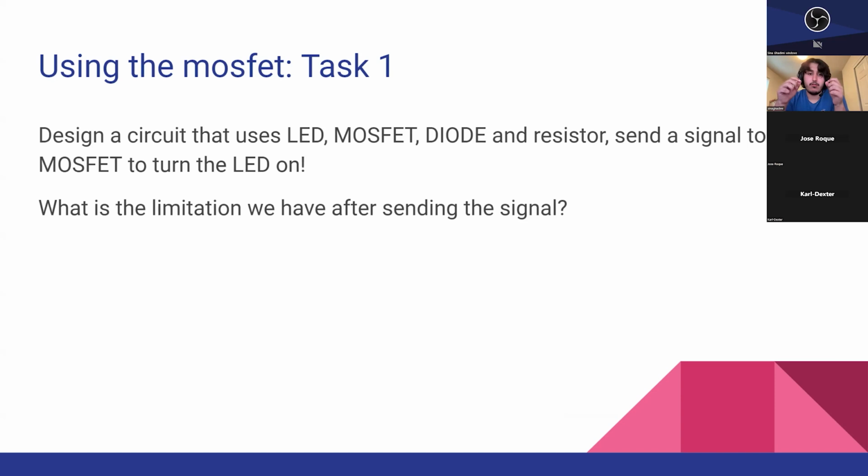One of the things you can tell is that when you take out the signal that you send to the MOSFET, it would stop conducting. So you will have a complete circuit through the MOSFET, okay? And then I want you to think about the limitations that we have after sending a signal. What is limiting our circuit? I want you guys to use the diode just as practice. You don't really have to use it, right?